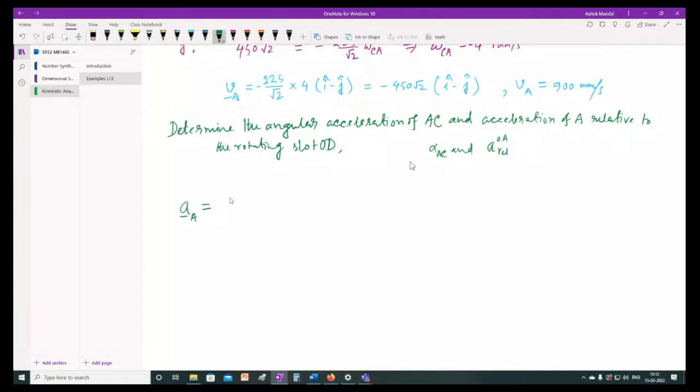So first we will write down what is the acceleration of point A. What should I write here, please? Acceleration of O, plus acceleration of A with respect to O. This is one equation, and the other equation is acceleration of point C plus acceleration of A with respect to C. Okay.